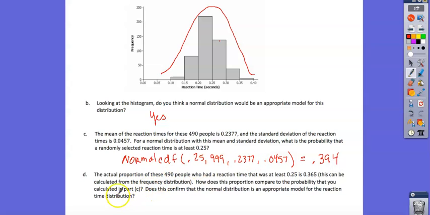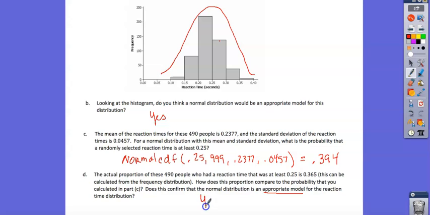Now, it says the actual proportion of these 490 people who had a reaction time of at least 0.25 is 0.365. How does this proportion compare to the probability that you calculated in part C? They did this from a frequency. Does this confirm that the normal distribution is an appropriate model?